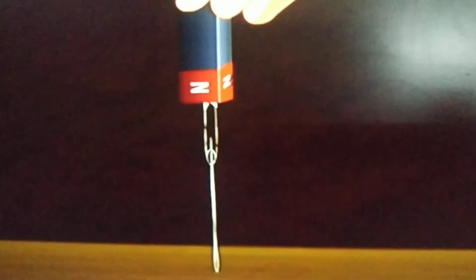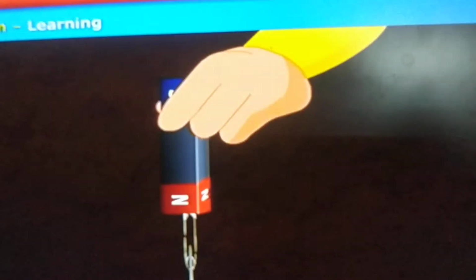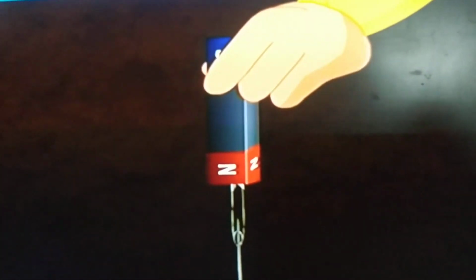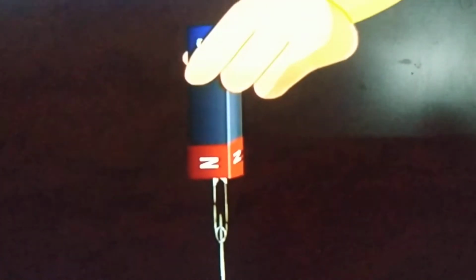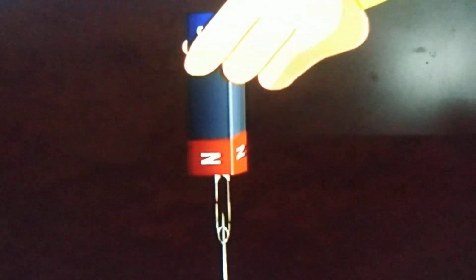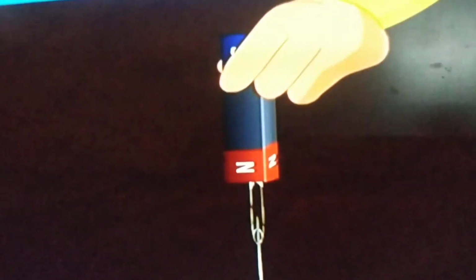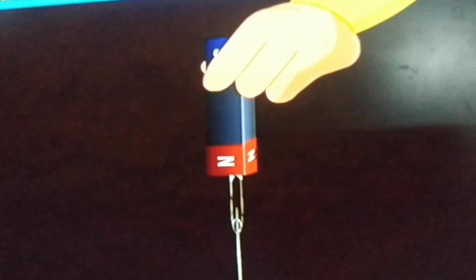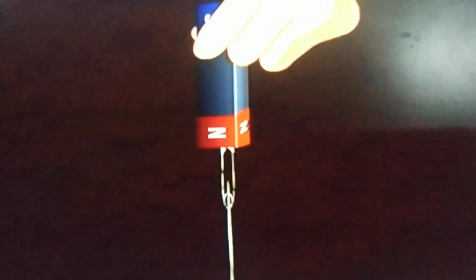What is the magnetic property? Attracting, right? As the magnet has that property, it is induced in the safety pin, so the safety pin also acts like a magnet and is able to attract the needle.